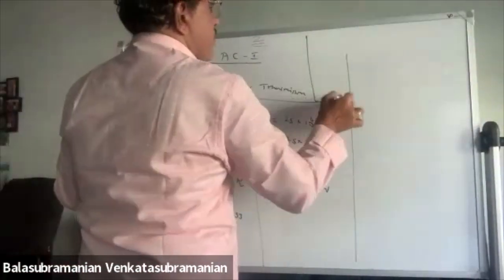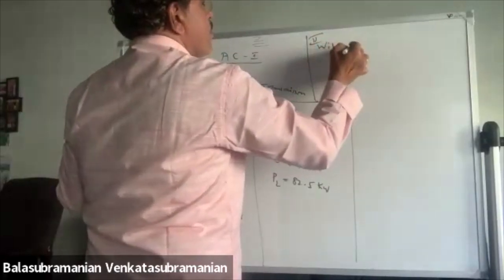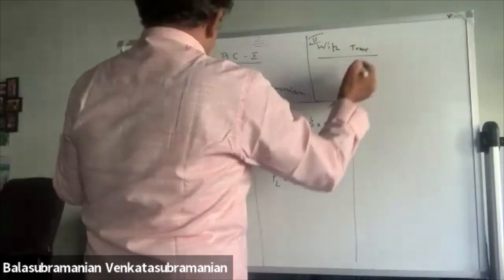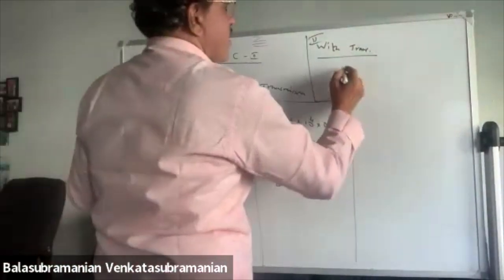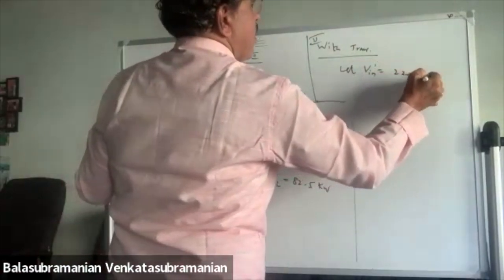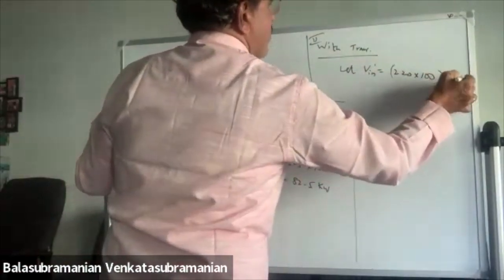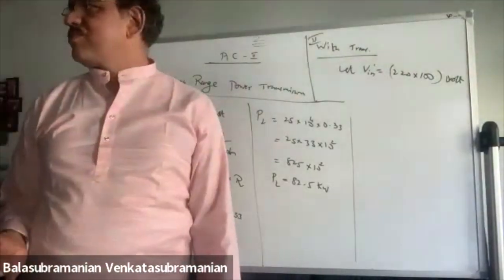This is without a transformer. With the transformer, when you calculate, what will happen? Let V dash be 100 times, multiplied by a step-up transformer, let us assume.